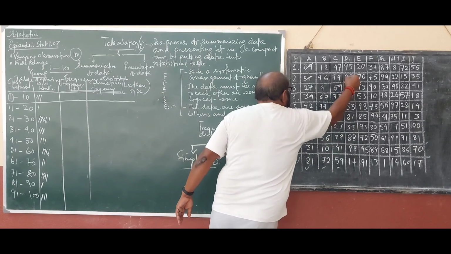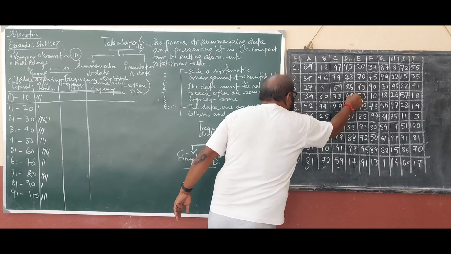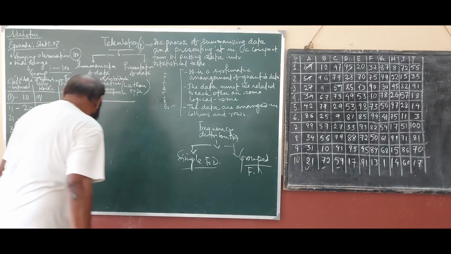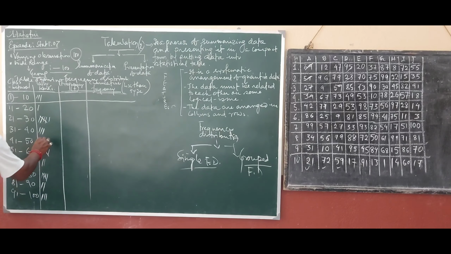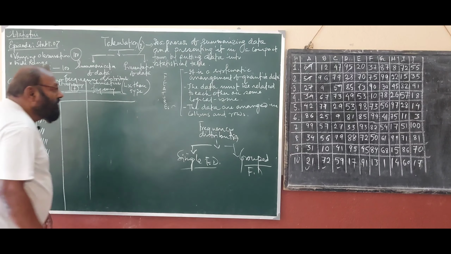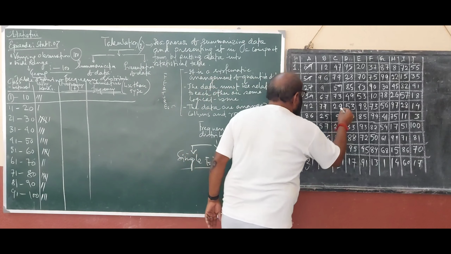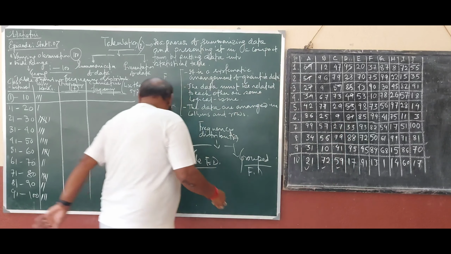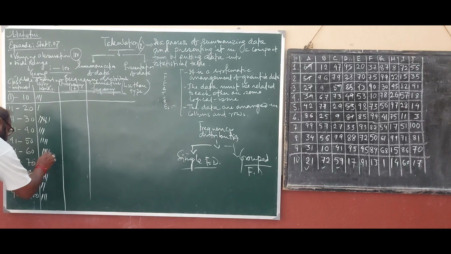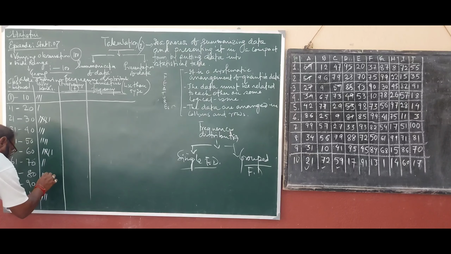Then 85, 49: 49 comes to this category, 85 here. Then 53, 81: this is 53 and this is 81.